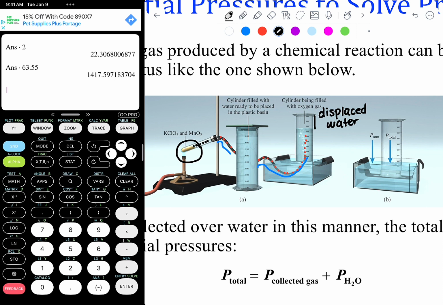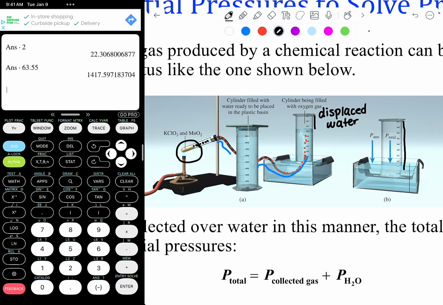So we're going to continue to displace that water with the oxygen gas that's produced from the reaction until the reaction is done. Once the reaction is complete, we can measure the volume of gas in that graduated cylinder and say that that is the volume of gas that was created from that reaction.